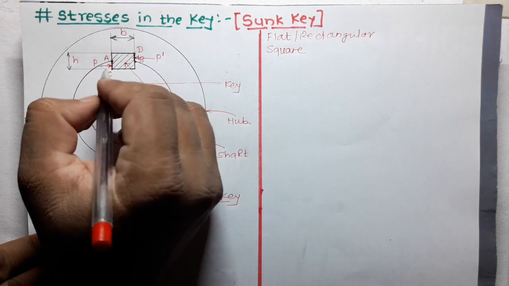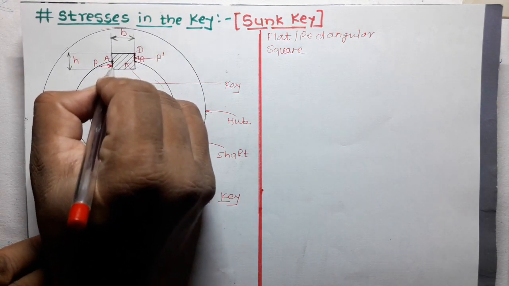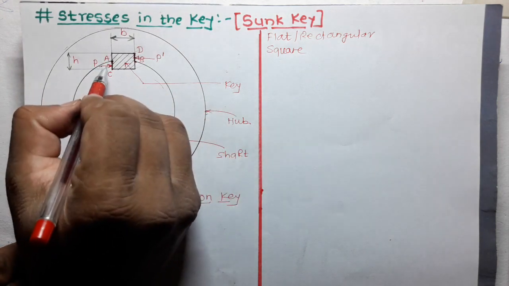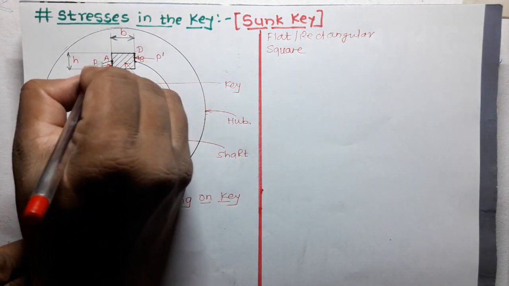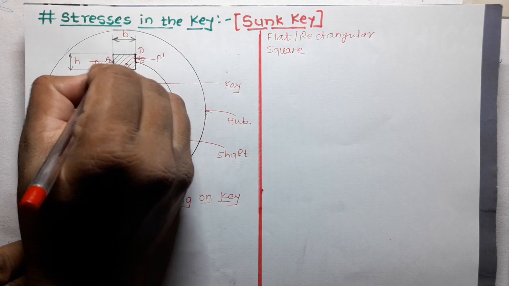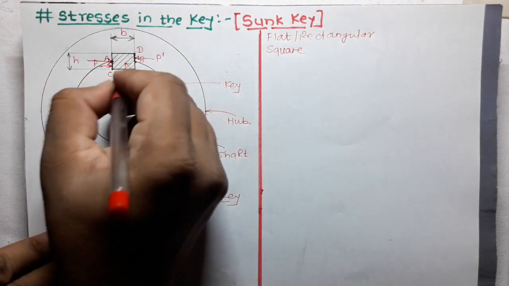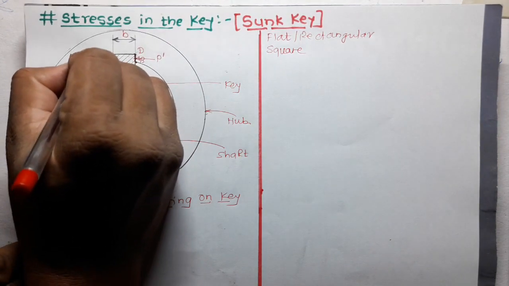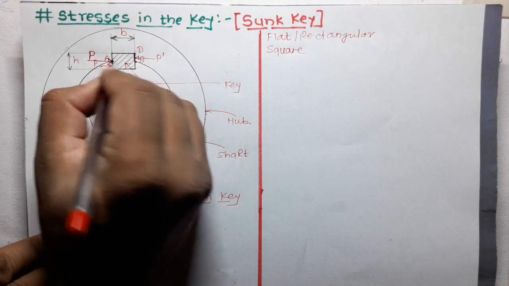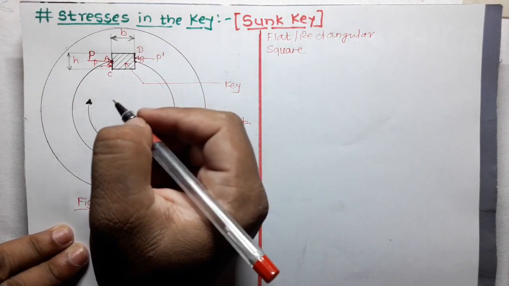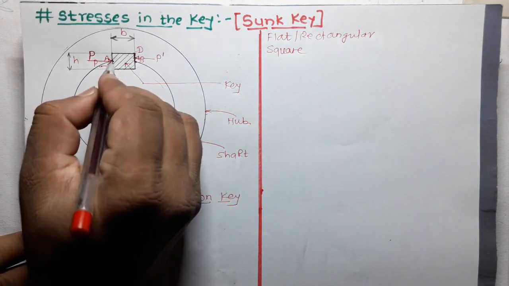Again, as we don't know the exact location of this force P acting on this face AC, we have to assume this force P acting tangential to the shaft at point A. So this is the modified location of this force P acting at point A, tangential to this shaft.